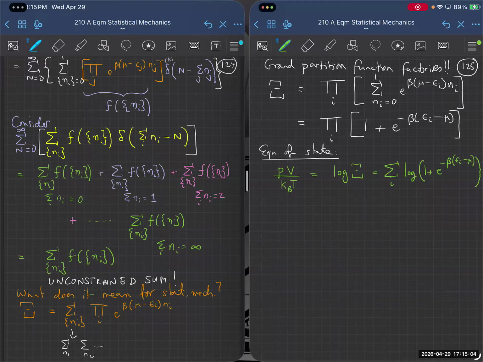So that is the equation of state. It just drops out because the grand partition function factorizes. That's the whole reason why we do the grand canonical distribution.